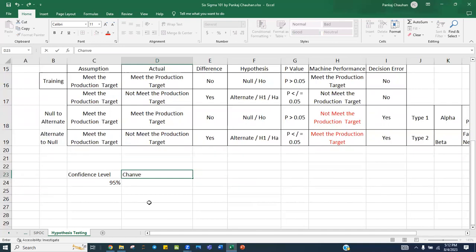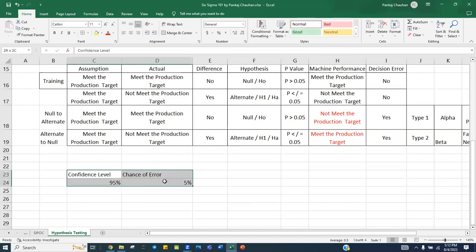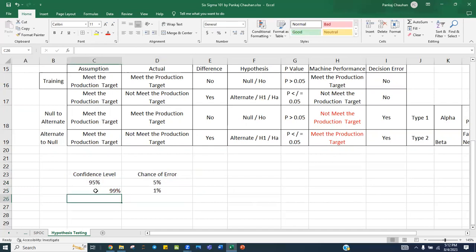The chance of error will always be 1 minus the confidence level, meaning you may make a mistake as well. So this is around a 5% chance. In case your confidence level is, suppose, 99%, then the chance of error you are leaving is 1%, or maybe you are taking a 90% confidence level, then the chance of error will be 10%.